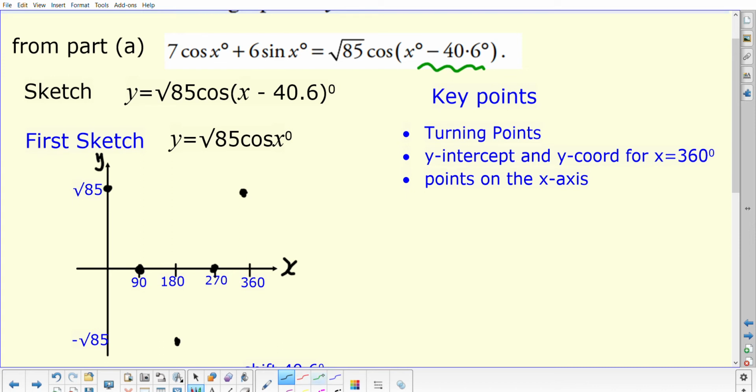So that's your graph and the basic shape of your wave, as best you can.